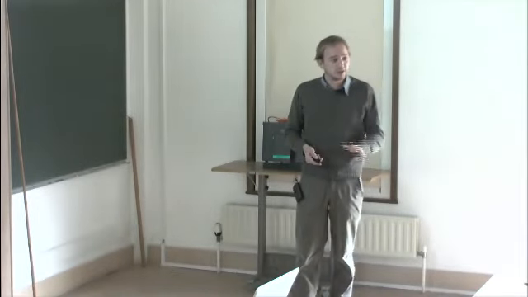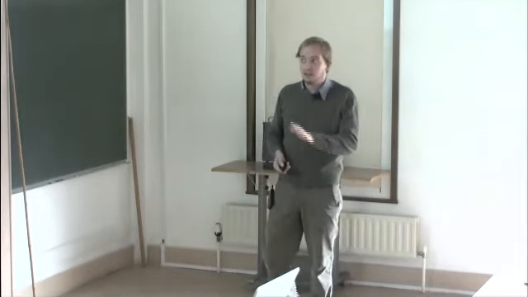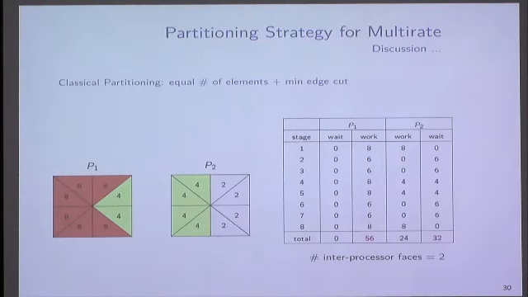Just to illustrate what I just said, classical partitioning is not working here for small problems. So we have in total 8 stages. We use a 2-stage based method. We have 1/4 delta t, that is the smallest time step. So in total we have 8 stages. If you use the classical partitioning strategy, minimum edge cuts, equal number of elements on each partition, you will see that typically you will have this solution to have the minimum interprocessor boundaries, but the workload is not at all well balanced between the 2 processors.